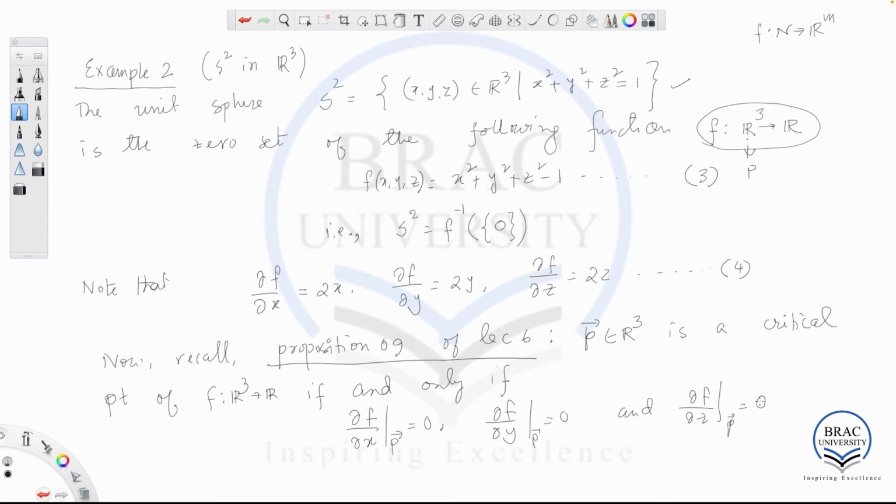So if this is the case, then P in R3 is going to be a critical point of this function.